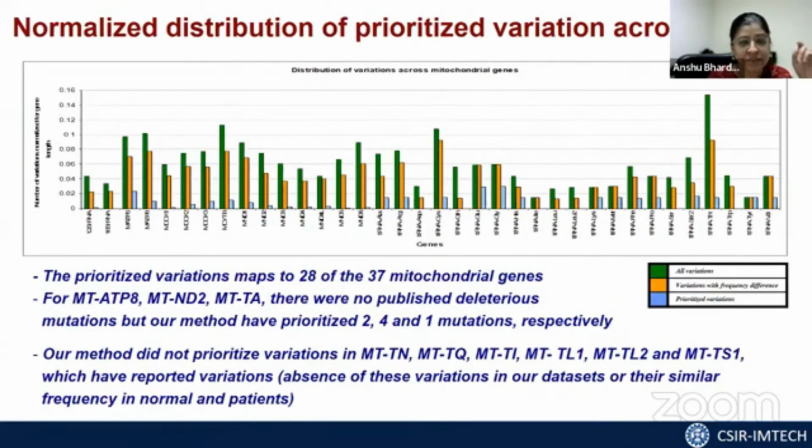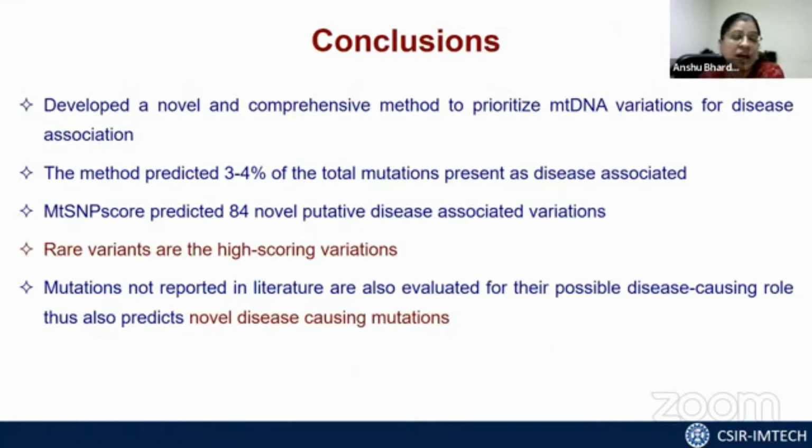And obviously, we were also able to identify novel variations in some genes which were not reported before. So it was very interesting to see that the method was working and we were able to identify some novel variants which were not even reported by that time. So basically, this actually still is something which most methods cannot do.